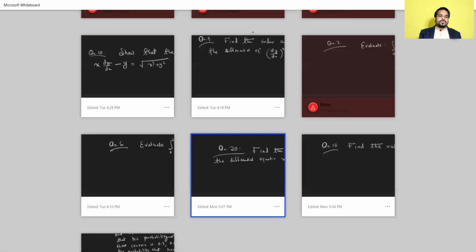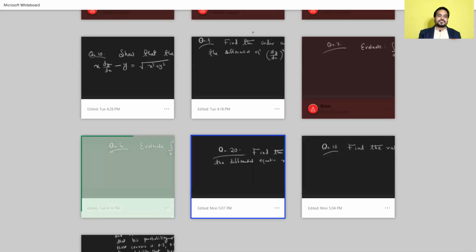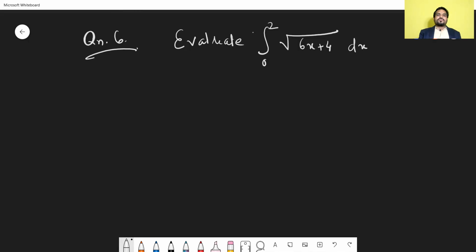Now students, come to the next question, number 6. In question 6, evaluate the integral from 0 to 2 of root of (6x + 4) dx. How to solve it? Students, simply solve it. The integral of (6x + 4) to the power 1/2, with limits from 0 to 2.